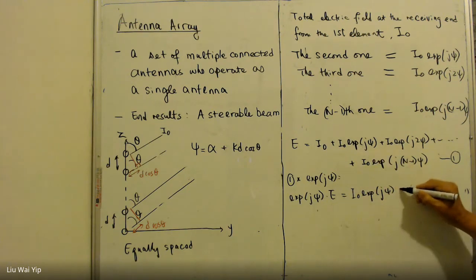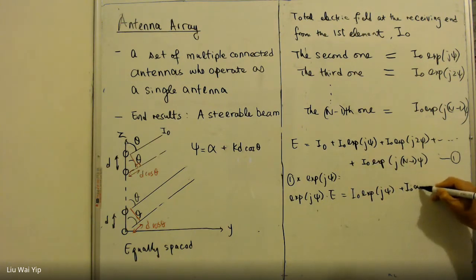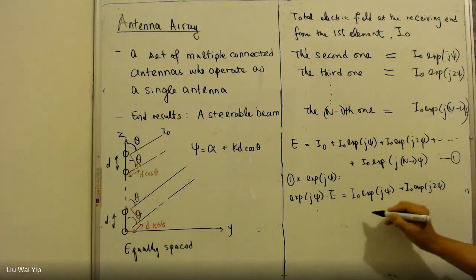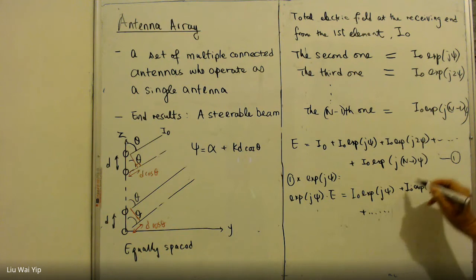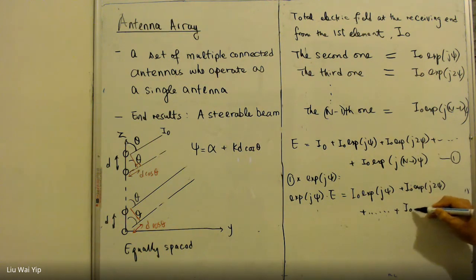The second one will be 2 alpha. And then this process just goes on and on until the last one. The last one is going to be I naught e to the j n phi.